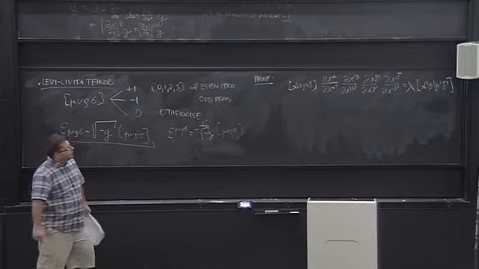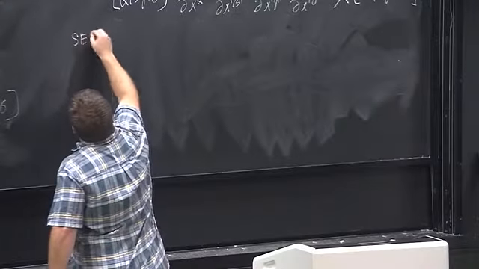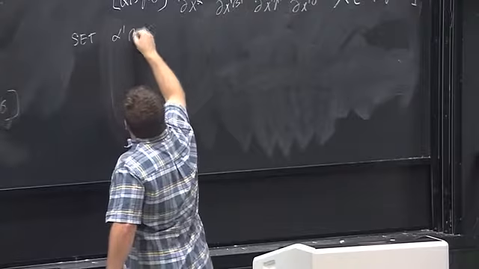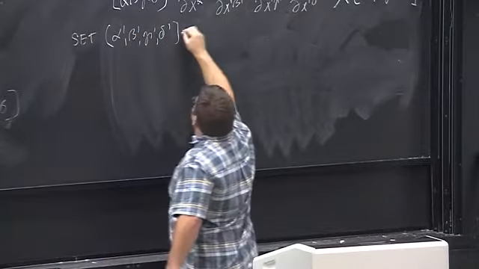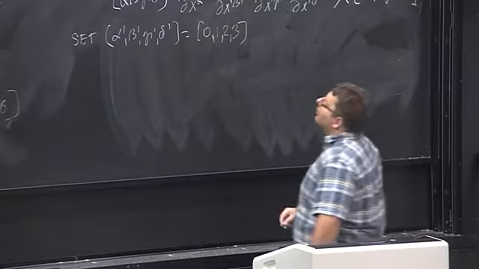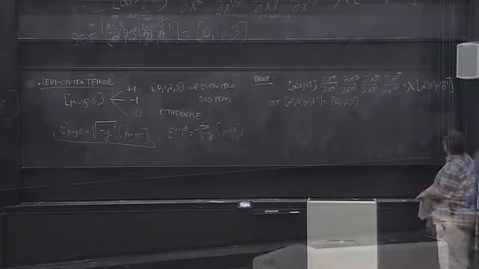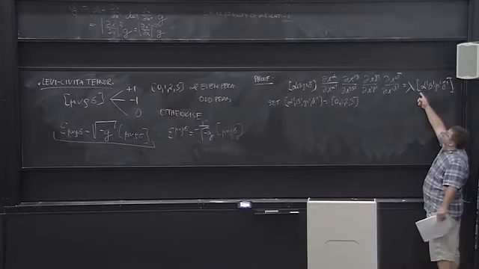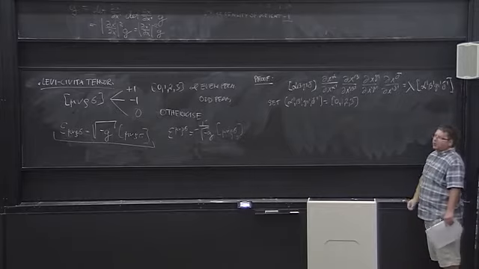And the way you find this lambda is that you set alpha prime, beta prime, gamma prime, delta prime equal to 0, 1, 2, 3. If you set it equal to 0, 1, 2, 3, then this thing here is just plus 1.